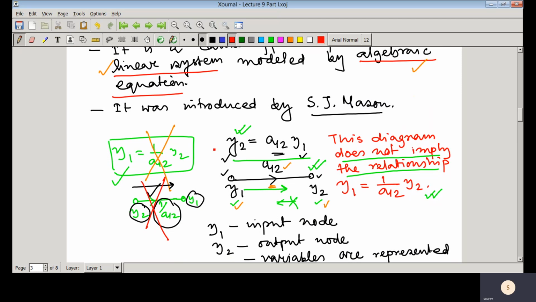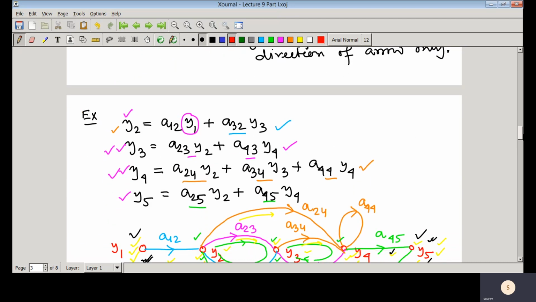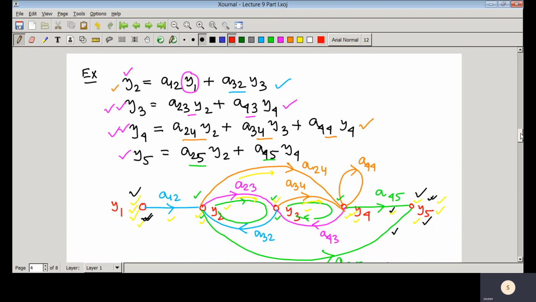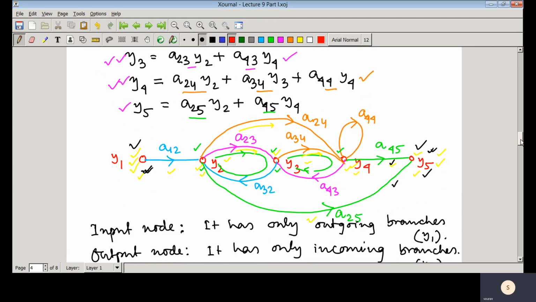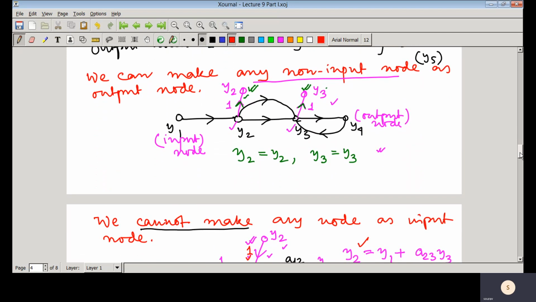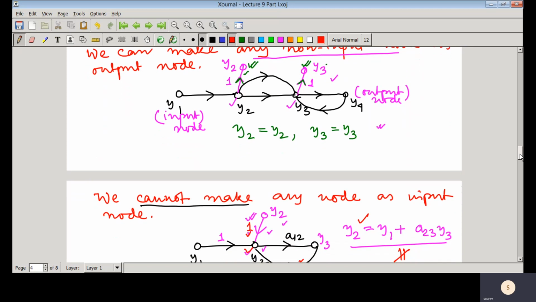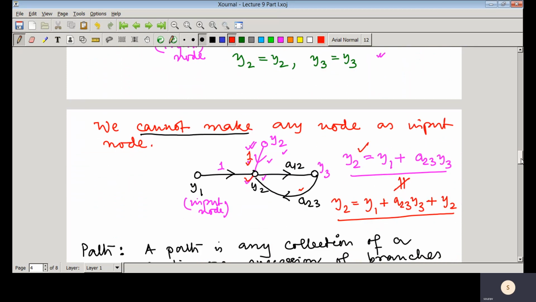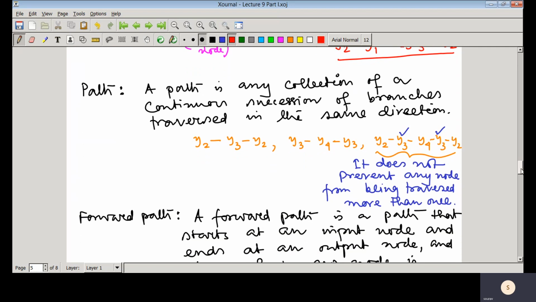The arrowhead shows that the signal is flowing from one node to the other node, and if you take the reverse, it does not make sense. Then we took an example of a set of algebraic equations and how they can be represented by a signal flow graph. We started discussing some terminologies, and showed that any non-input node can be made an output node, but this does not hold for an input node. And we discussed path and forward path.